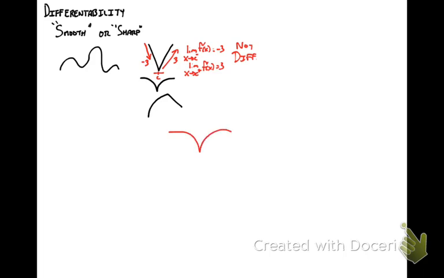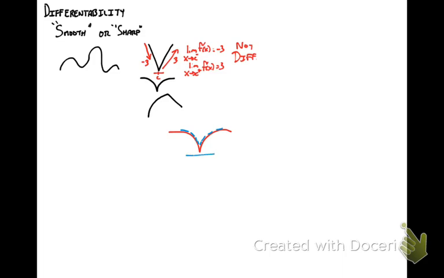Notice that on the left-hand side of our sharp point, what's happening to the tangent lines is they're getting steeper and steeper and more negative, while the right-hand lines, as we approach that point, are also getting steeper and steeper, but they have positive slopes.